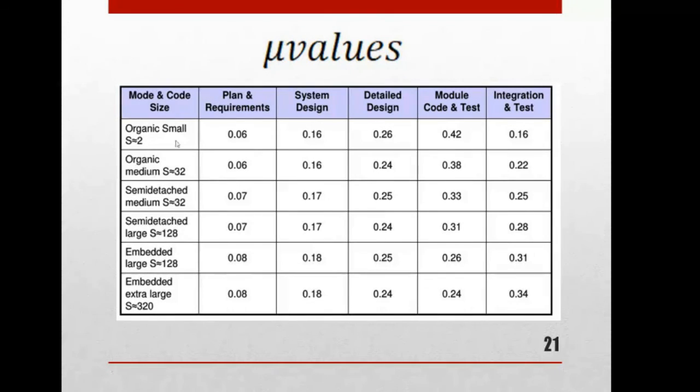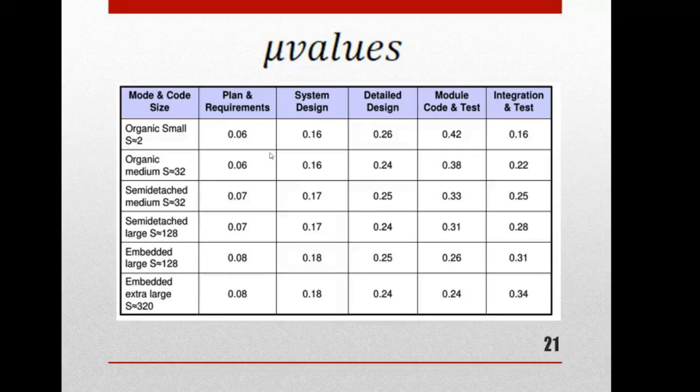First one is organic small, and organic medium, semi-detached medium, semi-detached large, embedded large, embedded extra large. See, organic mode is categorized into two parts: organic small and organic medium. Semi-detached is categorized into two parts: semi-detached medium and semi-detached large. Embedded is categorized into two parts: embedded large and embedded extra large.